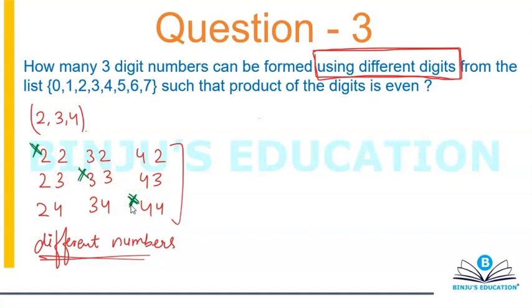So how many cases are you going to have? You're going to have 6 cases. That is, the repetition of digits is not allowed. This is another way of putting a question where repetition of digits is not allowed.